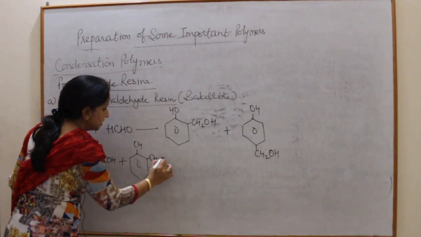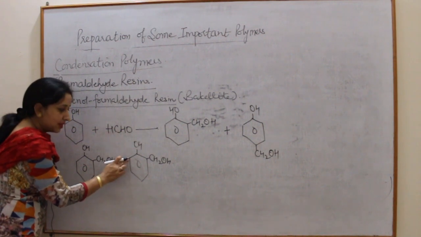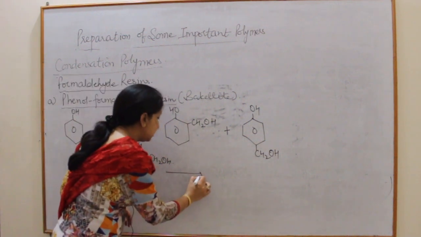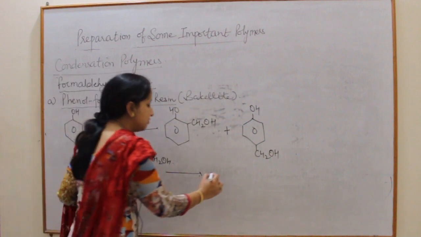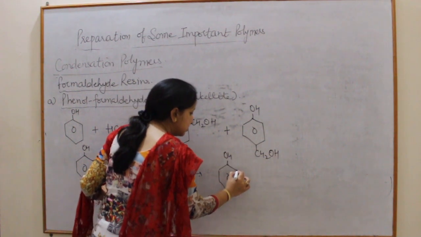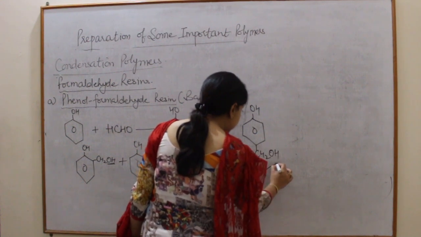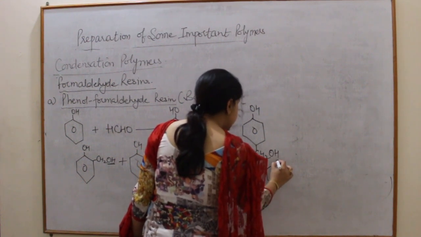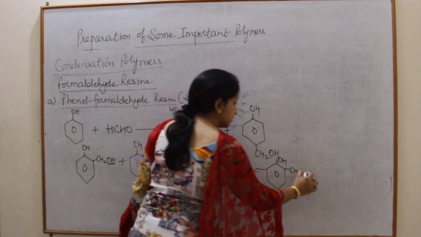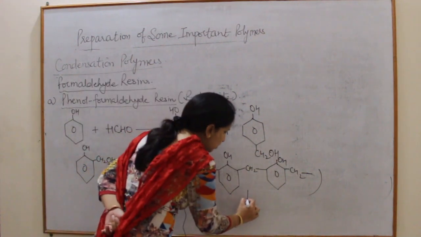OH from here, and this carbon contains one hydrogen and hydrogen from this carbon. So it will lose one water molecule and we will get OH. Here we will get CH2, and now this CH2 is directly attached with the carbon of the second molecule like this. So this is basically your Novolac.